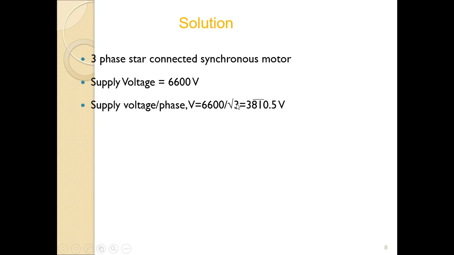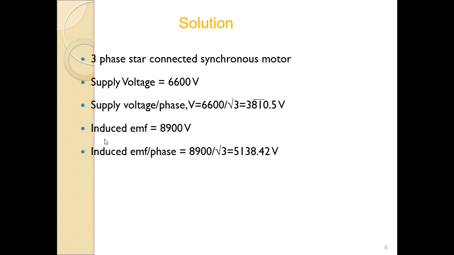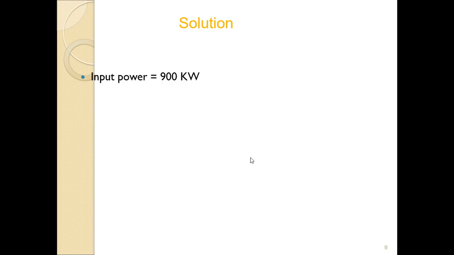As I told, the back EMF also we have to convert into phase value. So the induced EMF EB is 8900 volts. Converting into phase, that is EB by root 3, which is 8900 by root 3, that is 5138.42 volts.